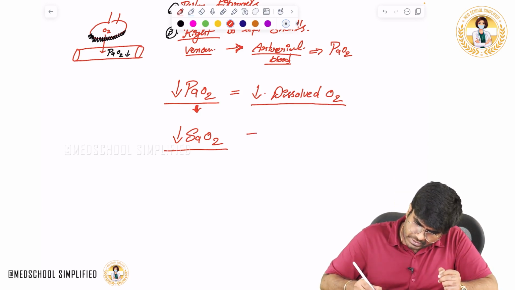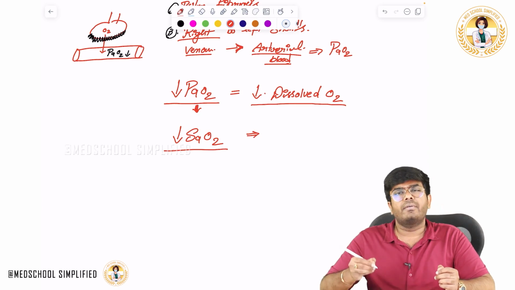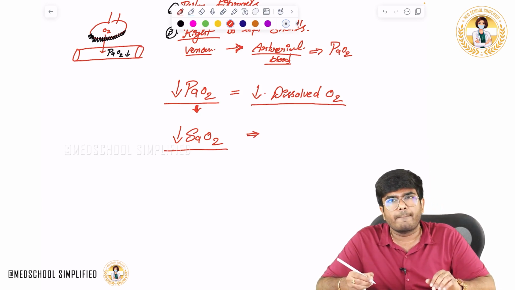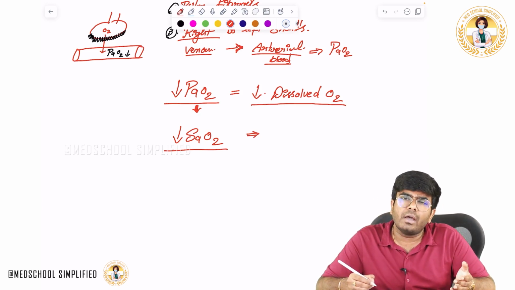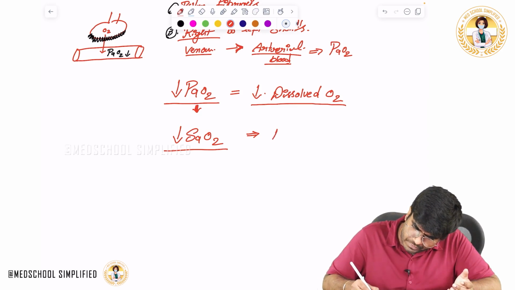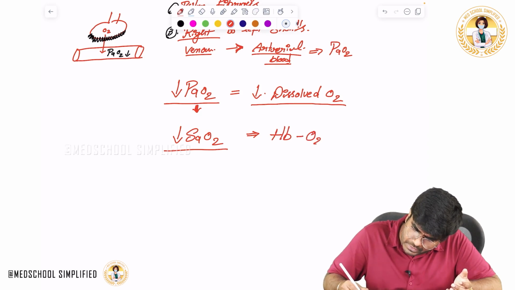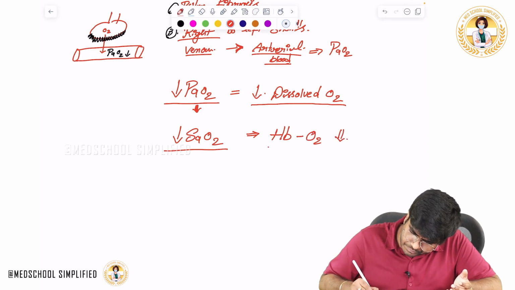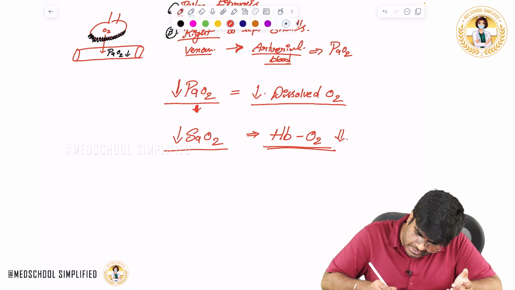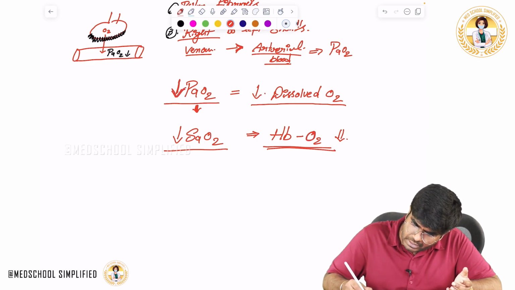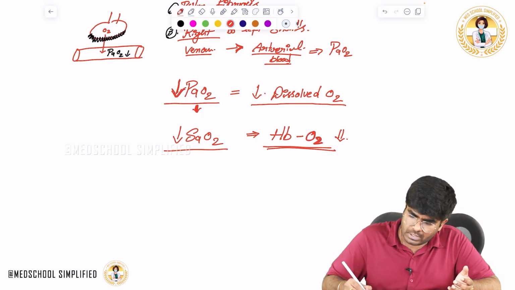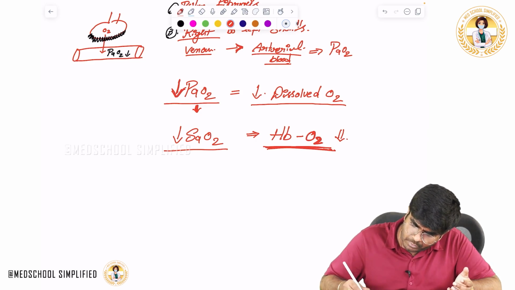Now, can I say something like this? If saturation is going down, automatically oxyhemoglobin, the hemoglobin-bound oxygen, is also decreasing, because partial pressure is less. If partial pressure is less, hemoglobin is not going to bind with oxygen, so the amount of oxyhemoglobin is also going down.